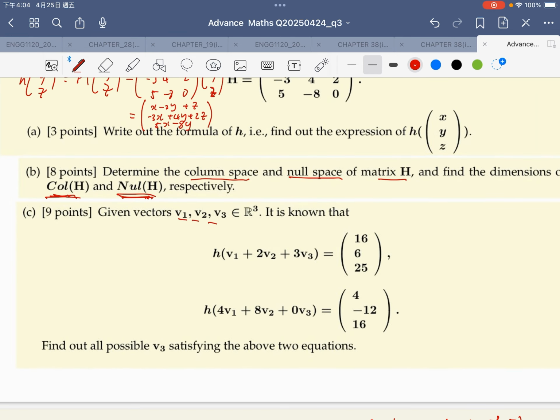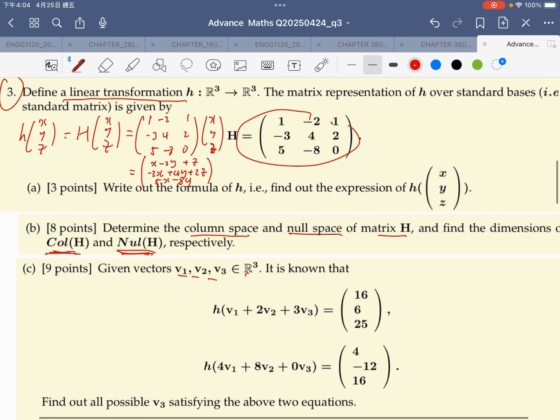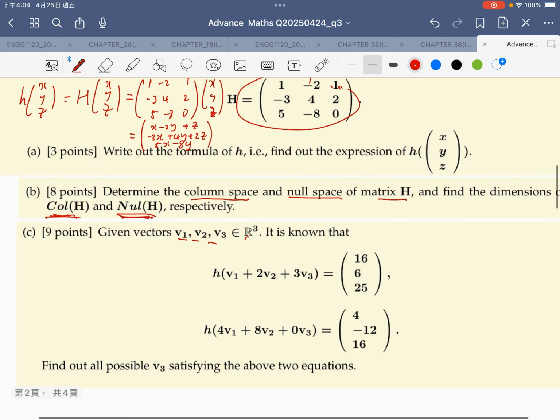Okay, for part C, given V1, V2, V3 vectors in R3, and H represents this matrix, and H(V1 plus 2 times V2 plus 3 times V3) equal to the vector (16, 6, 25), and H(4 V1 plus X V2 plus 0 V3) equal to (4, -12, 16).